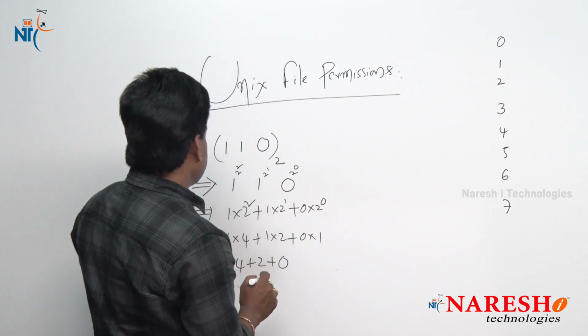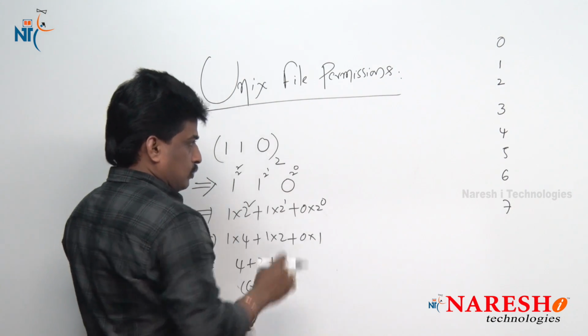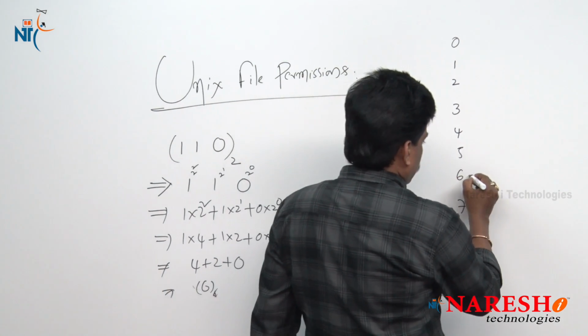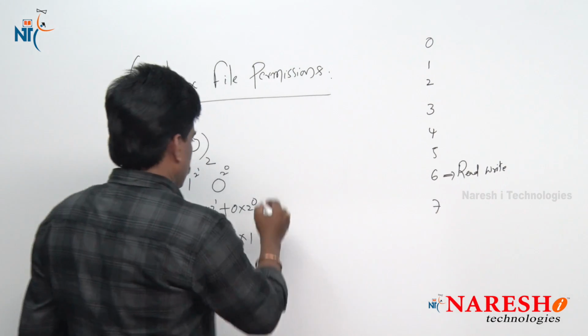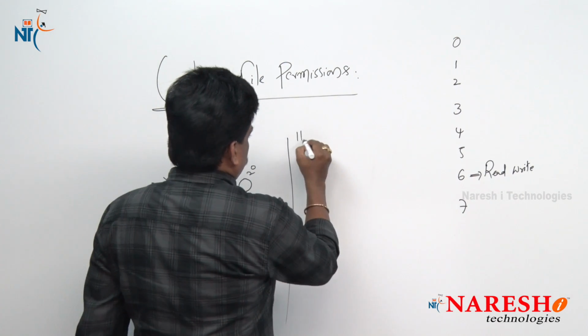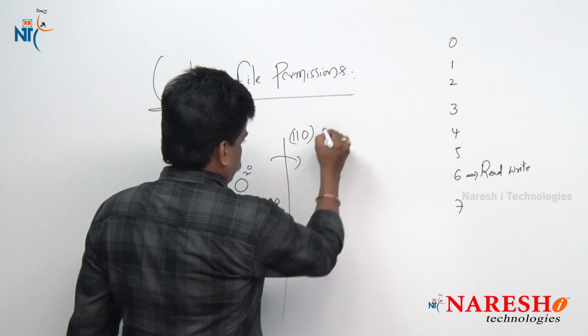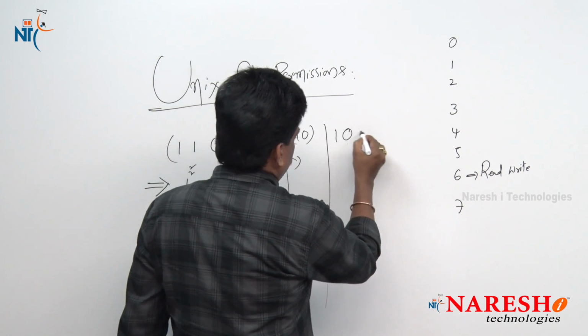So whenever you get 1, 1, 0, it indicates read and write permissions. Again the second one also has 1, 1, 0, so the same. The next one is 1, 0, 0.